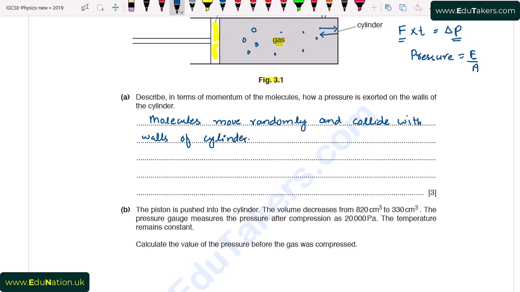When they collide with the wall of the cylinder, they change their direction. So there will be a change in momentum. So I write here, change in momentum results in force.